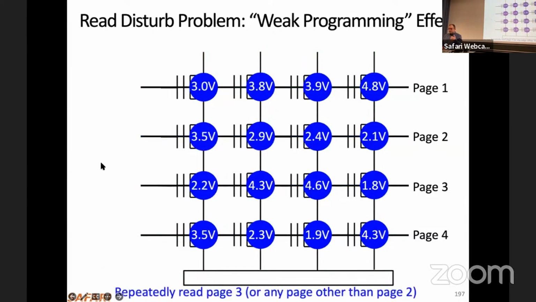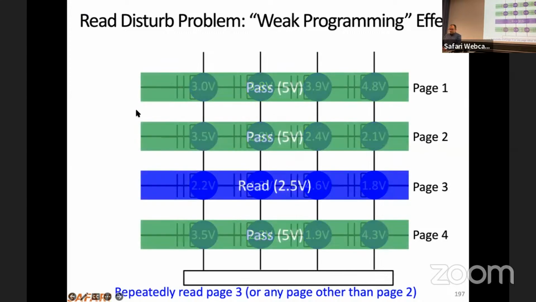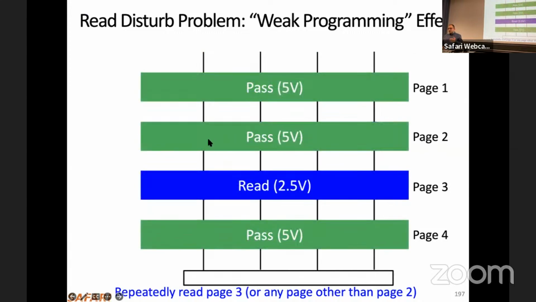But the problem is that if you do this repeatedly, so you repeatedly read, for example, page 3 or any page other than page 2, then you're going to cause some weak programming effect. Because once you apply VPass, that VPass is actually high. It's not as high as the programming voltage, but it is a bit high, and that can cause some weak programming effect. So essentially, applying VPass can increase the threshold voltage of the cells a little bit. And at some point, if you do it repeatedly, like hammer it, you're hammering this word line by accessing it a lot.